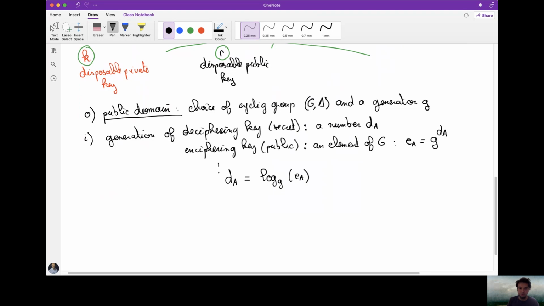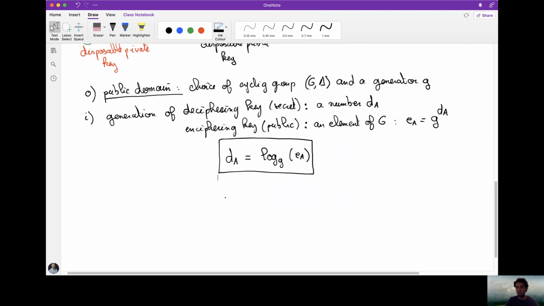And this relation shows that to protect the secrecy of the private key, it's important that you cannot compute the discrete logarithm. So the fact that you cannot solve the discrete logarithm problem is the key point in the security of the Elgamal crypto system.